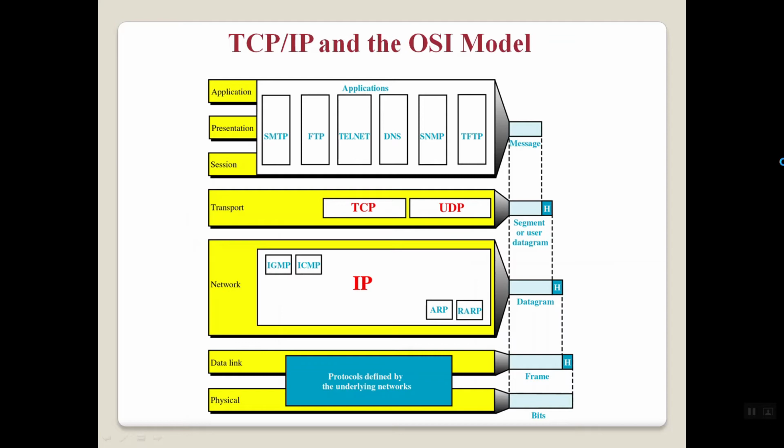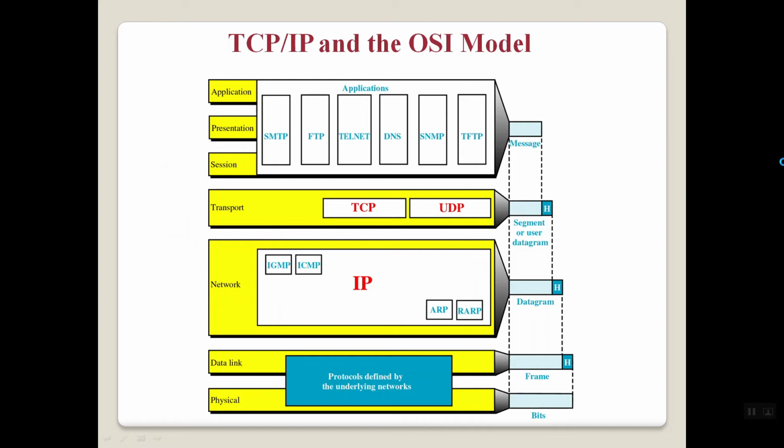Now in the network zone you can find different protocols: IGMP, ICMP, ARP and RARP. In the last 2 sections you can see the data link layer and the physical layer. Protocols defined by these underlying networks are defined in a synchronous way, and we will discuss this later.